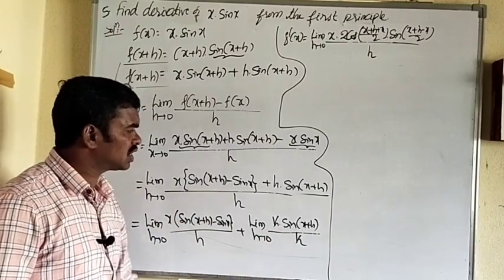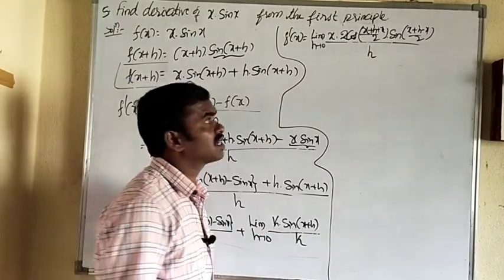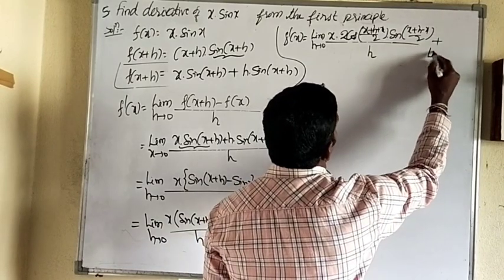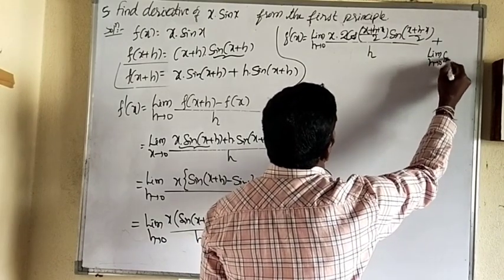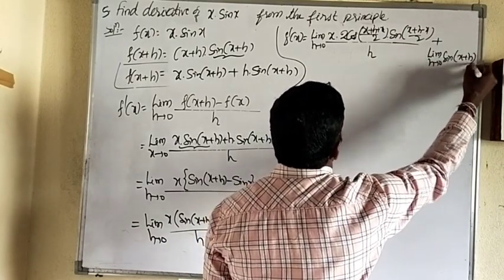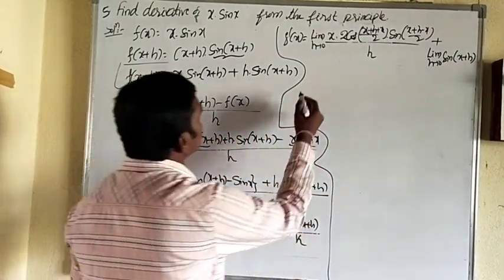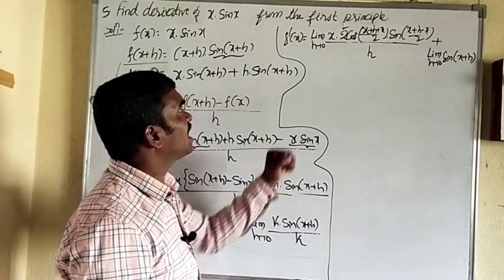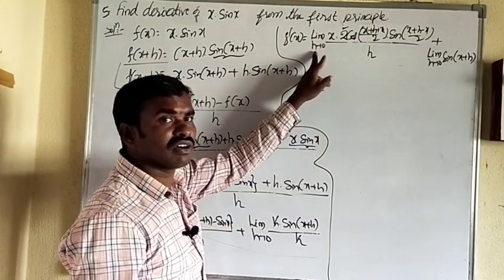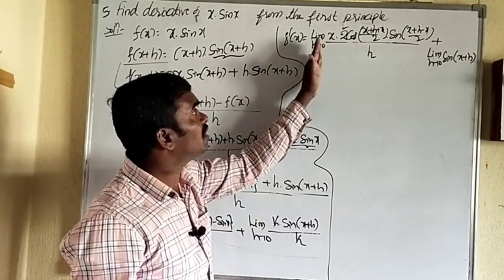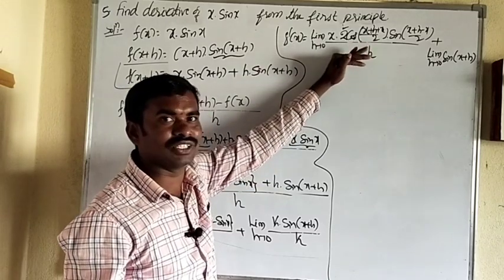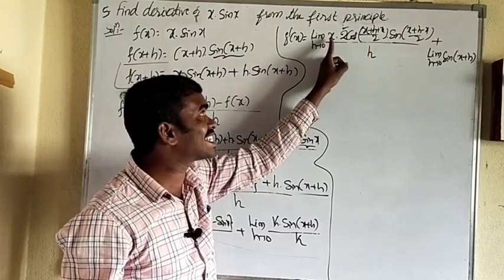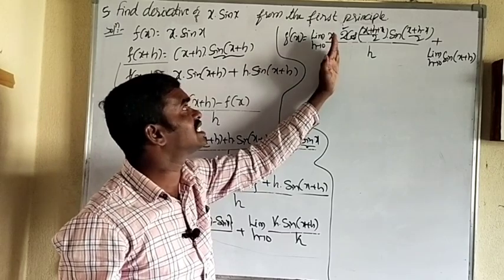And what about this? Limit h tends to 0, sin of x plus h is remaining, plus limit h tends to 0 of sin of x plus h. See, 2 is a constant, so we can write it outside, and think that the limit h tends to 0 is applied only for h. Then what about x? x is treated as a separate term.